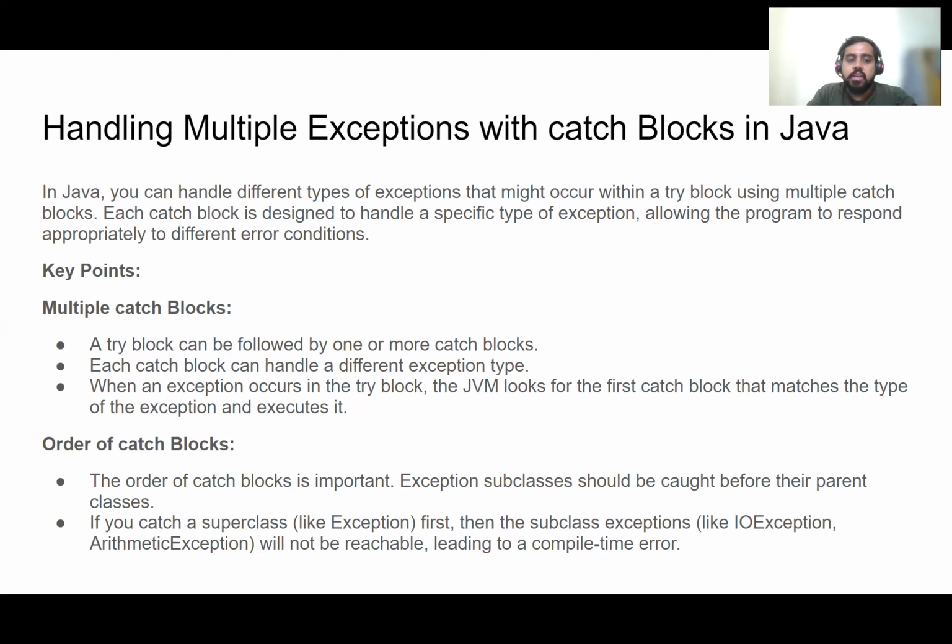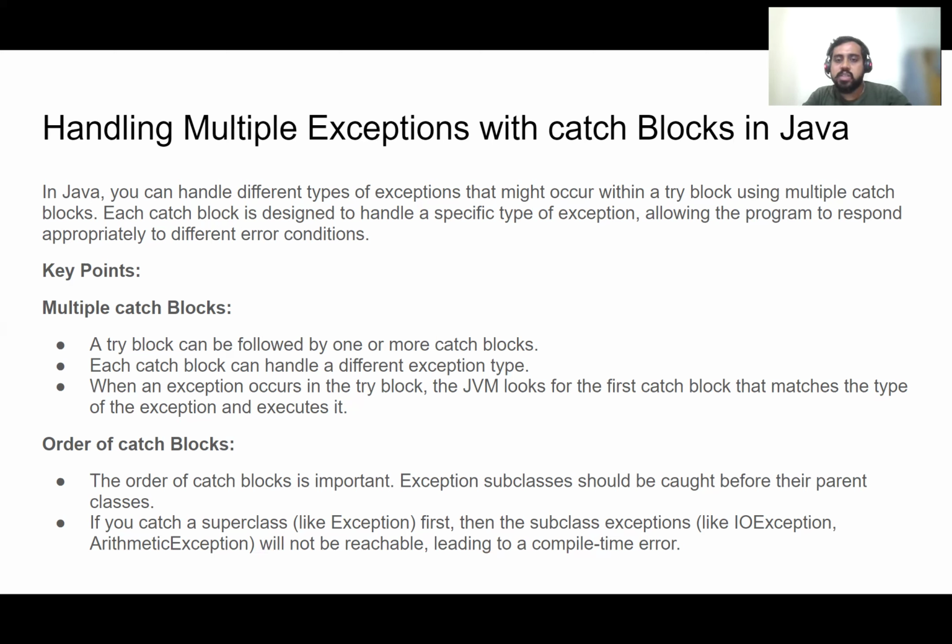So that's the reason the order of catch blocks is important. While writing multiple catch blocks, we need to write them in such a way that subclasses come first and the generic or parent class is at the last, because I already told you in the inheritance concept and runtime polymorphism concept, the parent reference can catch all the objects of a child class, right?